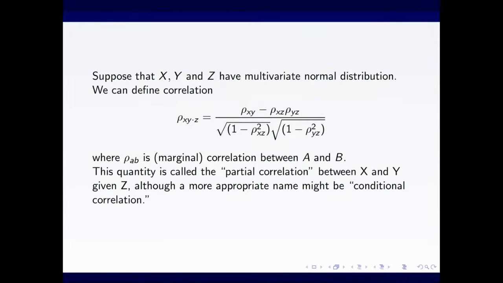Here rho a b is the marginal correlation, or simple correlation, between a and b. So rho xy is the correlation between x and y, rho xz is the correlation between x and z, and rho yz is the correlation between y and z. So the simple correlation.